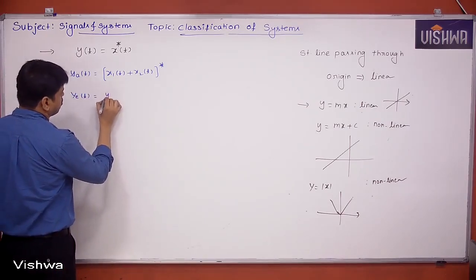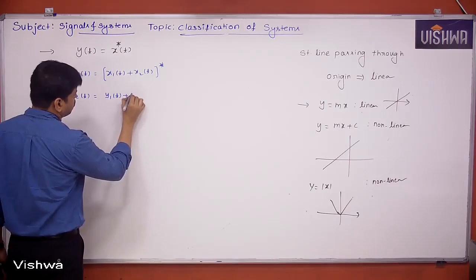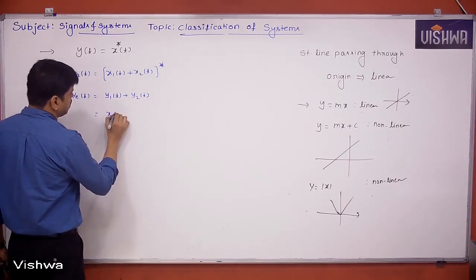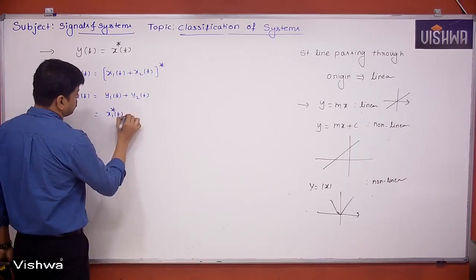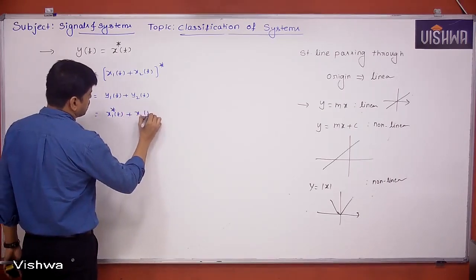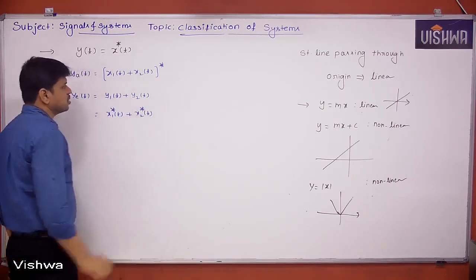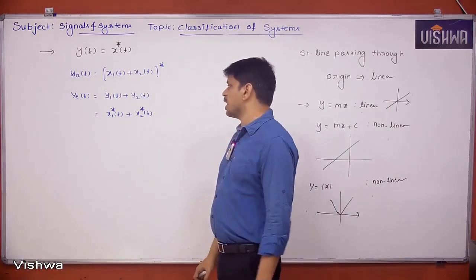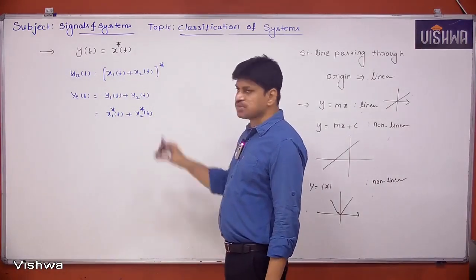That is y1 of t plus y2 of t, which is x1 of t conjugate plus x2 of t conjugate. Now, observe carefully. Many people think that it is not satisfying the additivity principle. No, it is satisfying the additivity principle.